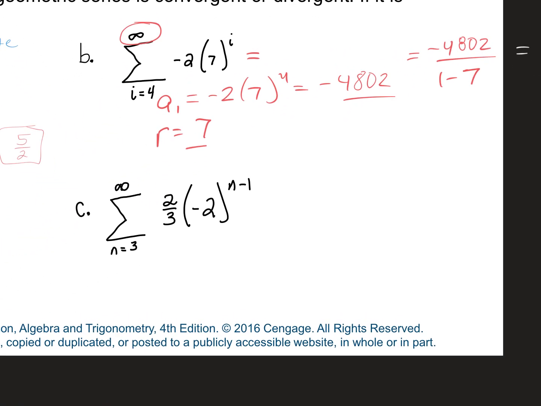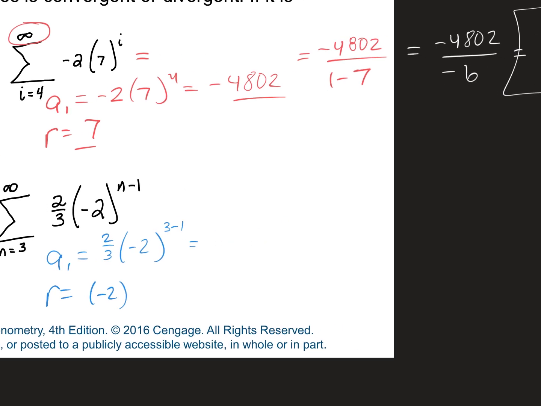One more. I need to know the first term and the common ratio. What do I know just by looking at it? Negative 2 is your common ratio. Perfect. How do I figure out what the first term is? Plug in 3. So I have 2/3 times negative 2 to the 3 minus 1.